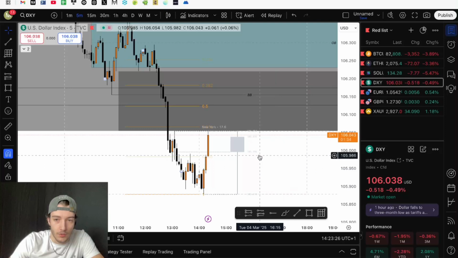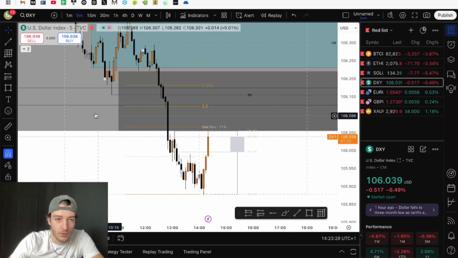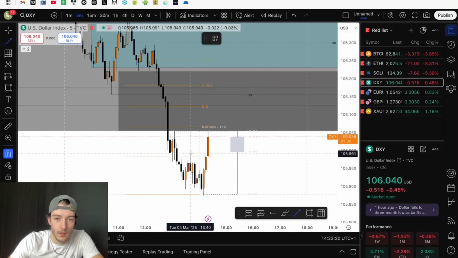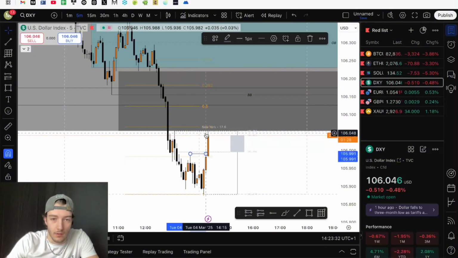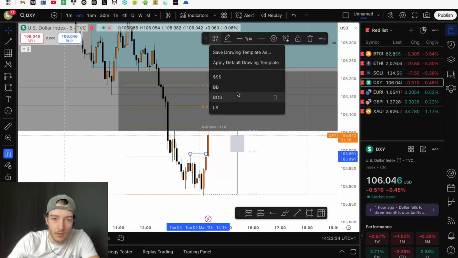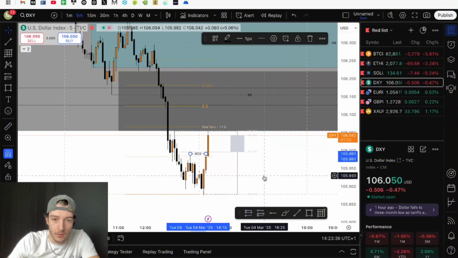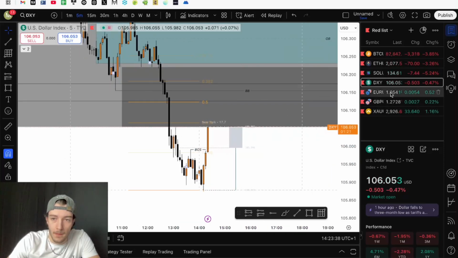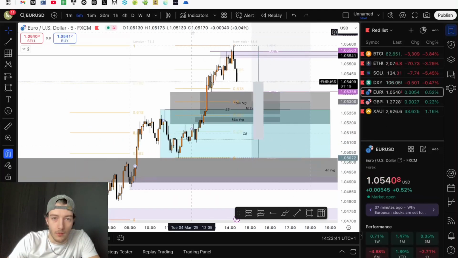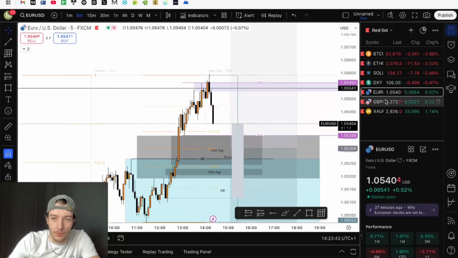Dollar broke structure, or is broken structure to the upside on a 5-minute. It depends whether this candle closes bullish or not here above this level. Looks like it will, so euro and GU should fall more.